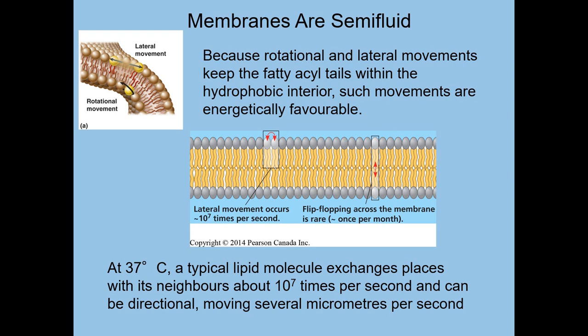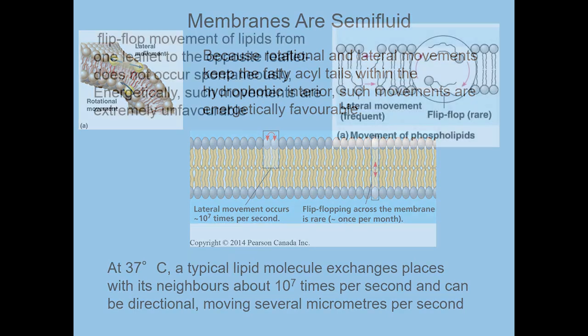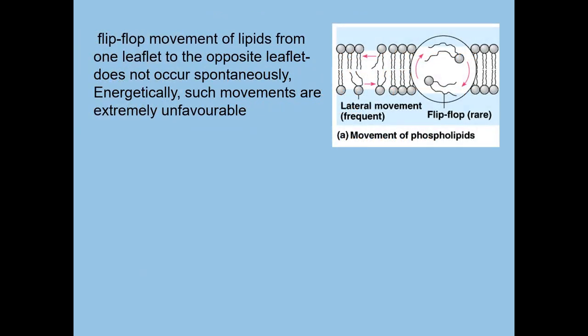At this rate, a lipid could traverse the length of a bacterial cell, which is approximately 1 micron, in only 1 second, and the length of a typical eukaryotic cell in 10 to 20 seconds. In contrast to rotational and lateral movements, movement in the 3rd dimension, the flip-flop movement of lipids from one leaflet to the opposite leaflet, does not occur spontaneously.